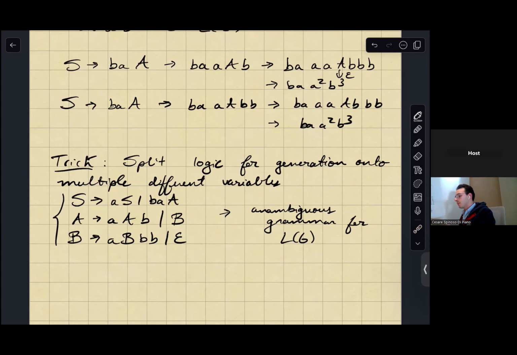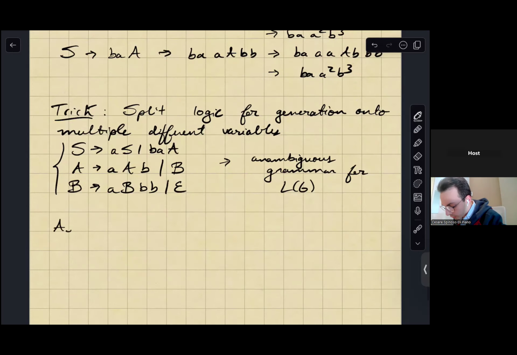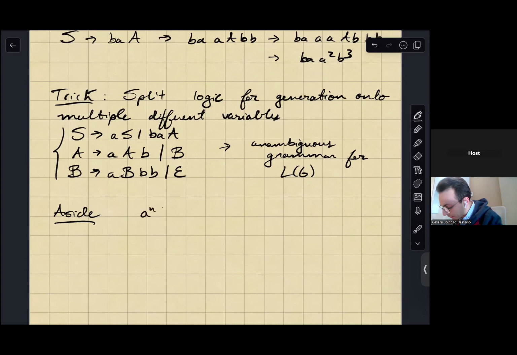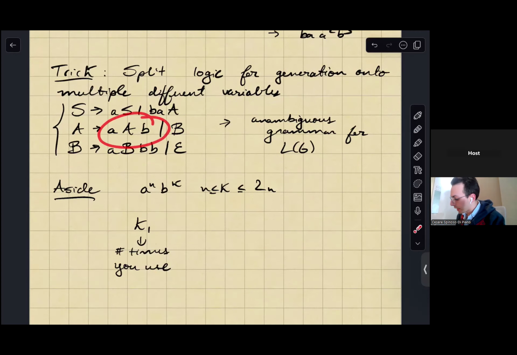So this is just a bit of an aside, which I won't go too much into, but imagine you have AN, BK, where K is between N and 2N. And let's use two integers. K1 is the number of times you use the production rule of this guy, so 1A for 1B.